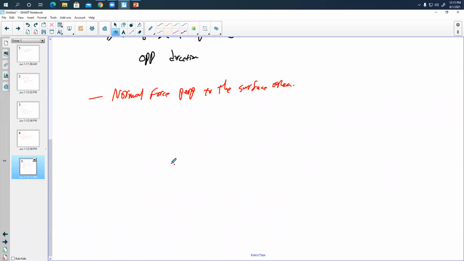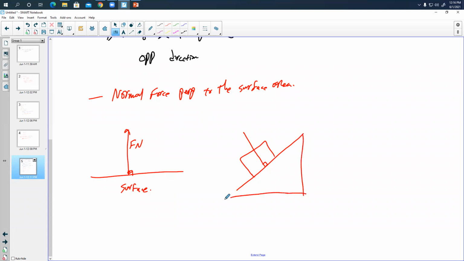Which means, from the first example, here's your normal force, it's going to be perpendicular to this one. Let's say you have a tilted surface with a block on it, the normal force, again, would be perpendicular to that surface. Let's say you've got a block that's going downwards. So this is going to be your normal force, perpendicular to that area.